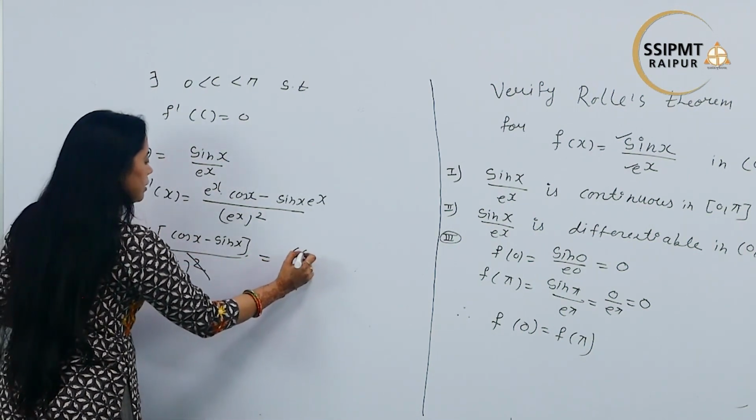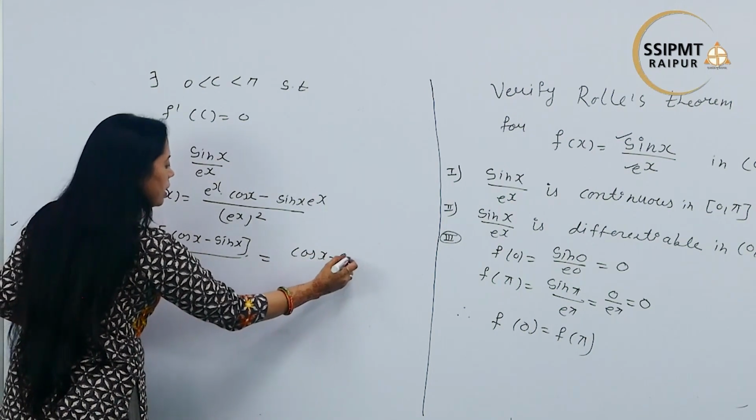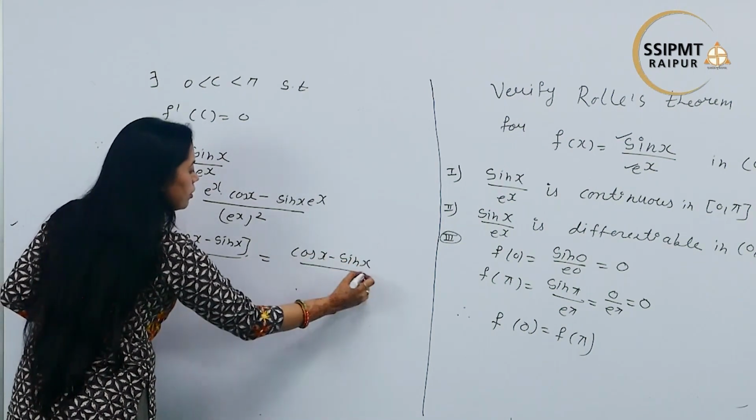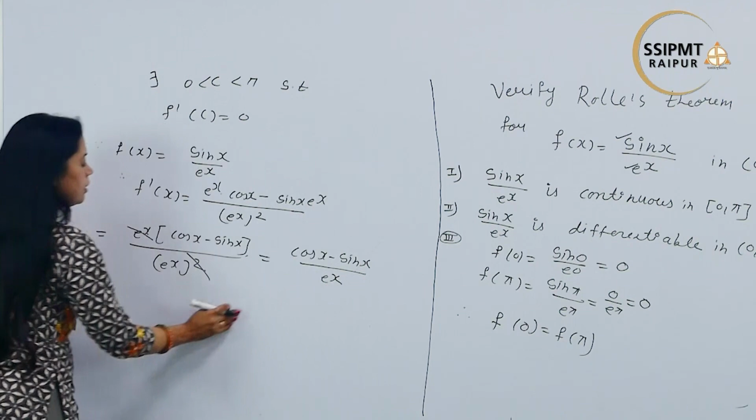So it will be (cos x minus sin x) upon e to the power x.